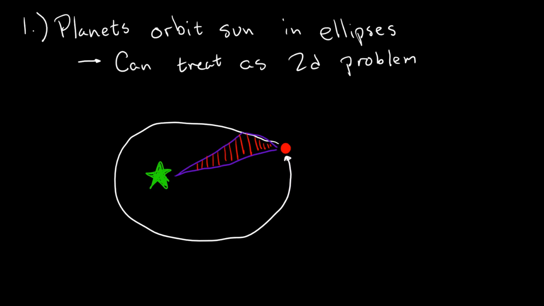Now I could do the same thing when the planet's at a different point in its orbit. So say now the planet's over here, and this line in the same amount of time might sweep out a very different shape. So maybe something more like this. I'll color this one blue. So I'll write this as A1 and A2.